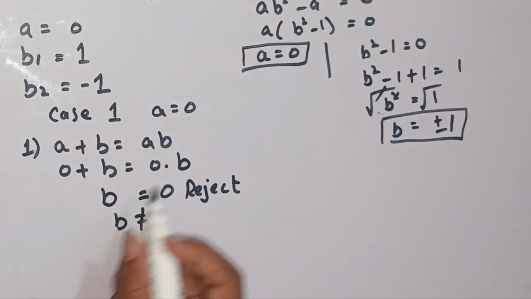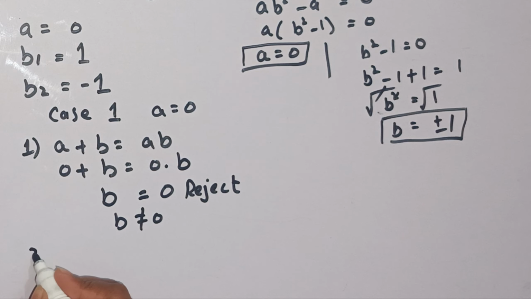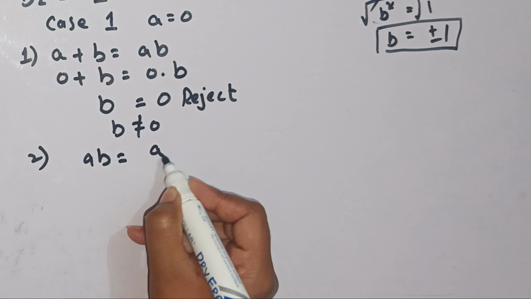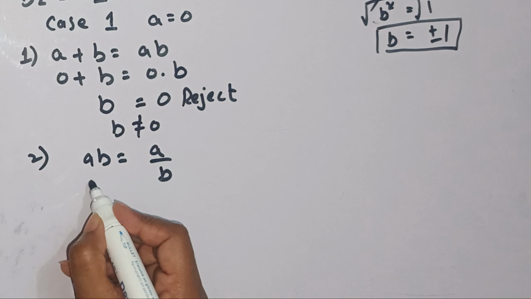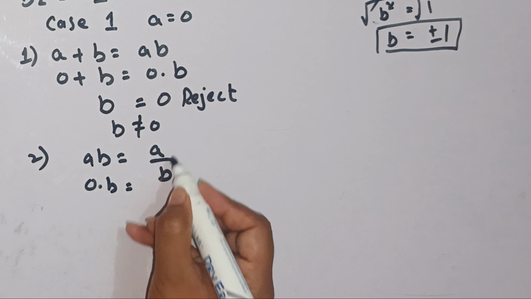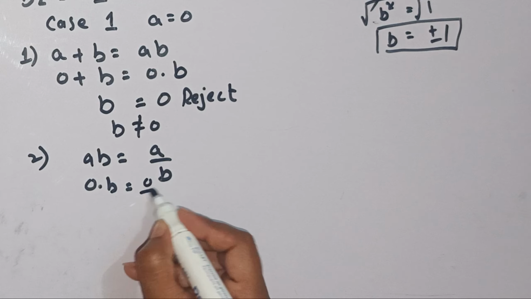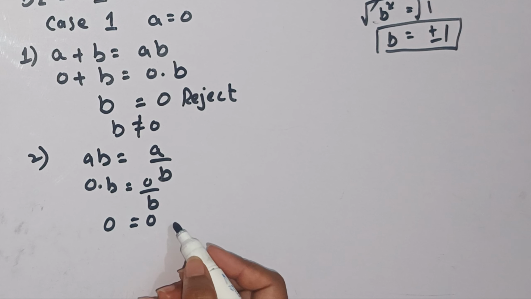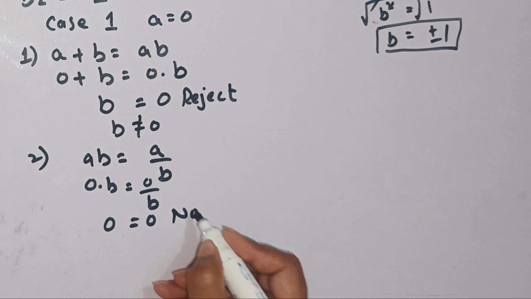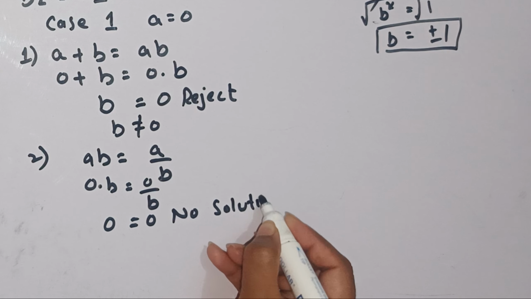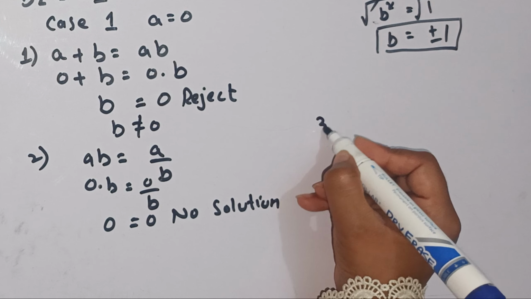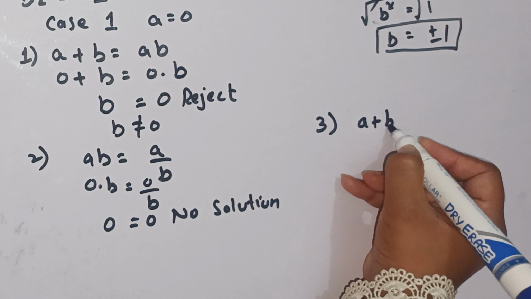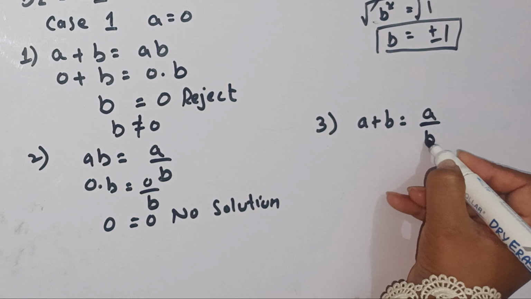Now put this in equation 2. Equation 2 is the product ab is equal to a over b, and a is 0, so we have 0 times b is equal to 0 over b. So this implies 0 is equal to 0, so in this case we have no solution. Now equation 3 is a plus b is equal to a over b.